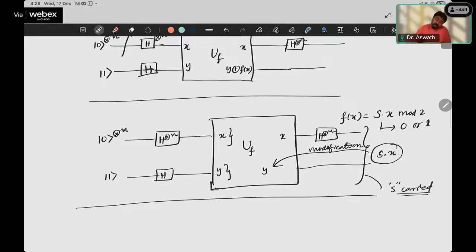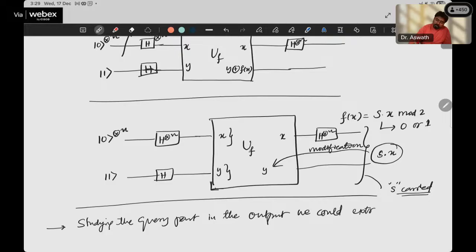By studying the query part in the output, we could extract the s information.